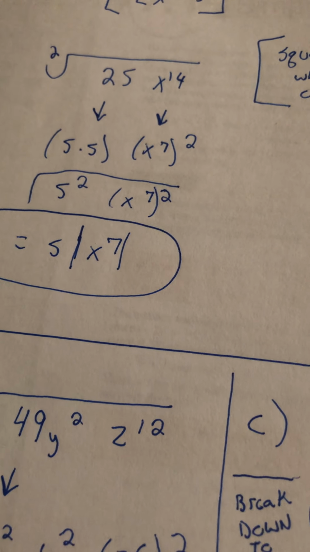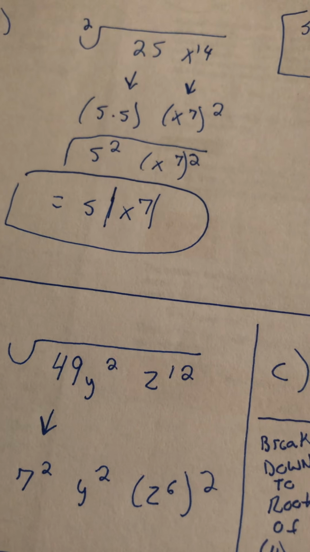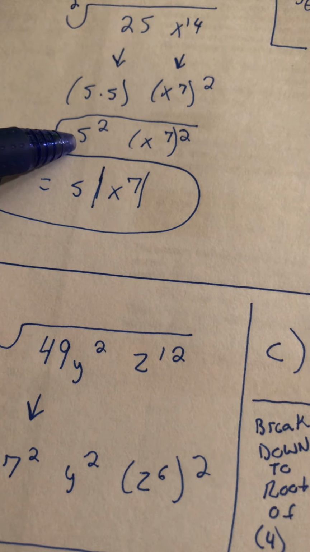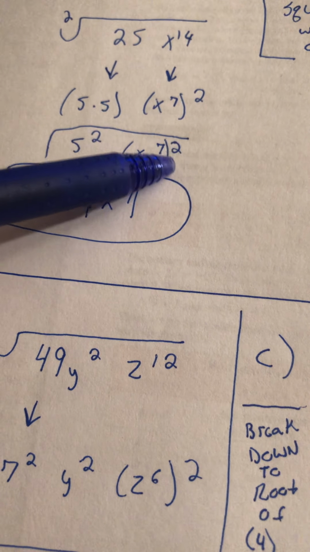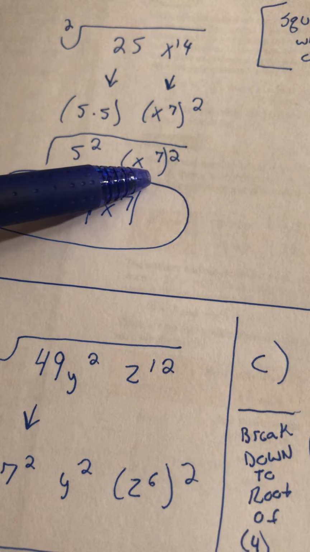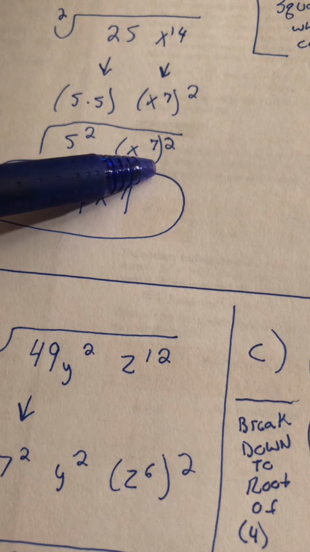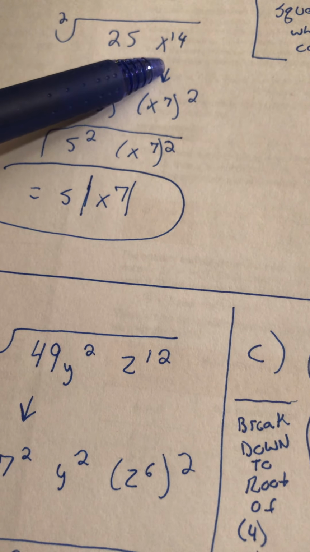It's an understood 2 if it doesn't show any number higher than 2. So I've already got 5 squared, right? That means I need something that's going to give me a square on the outside. So I'm going to have x to the 7th, because 7 times 2 is going to give me what? Back to my x to the 14th.